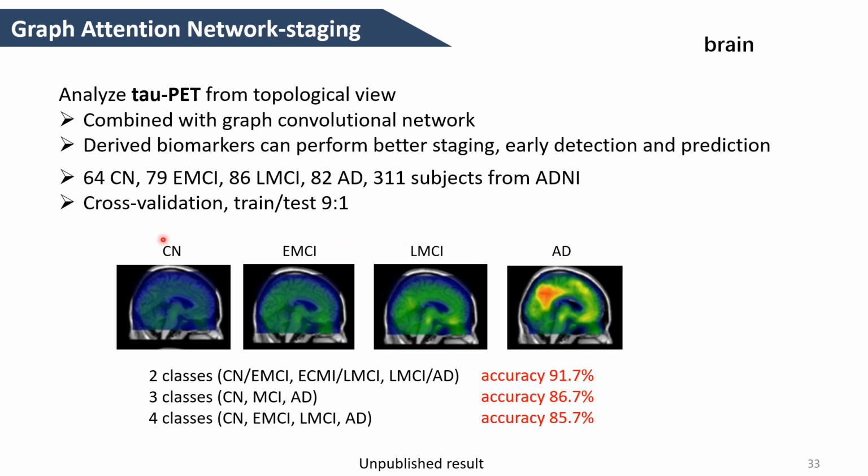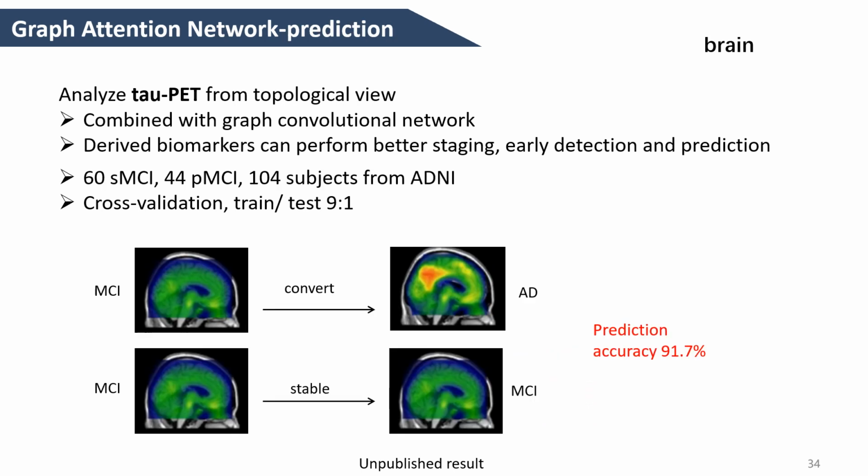In this study, we have a task of four subgroup division to separate normal control, early onset, late onset, and AD. We can have an accuracy of 85.7%.